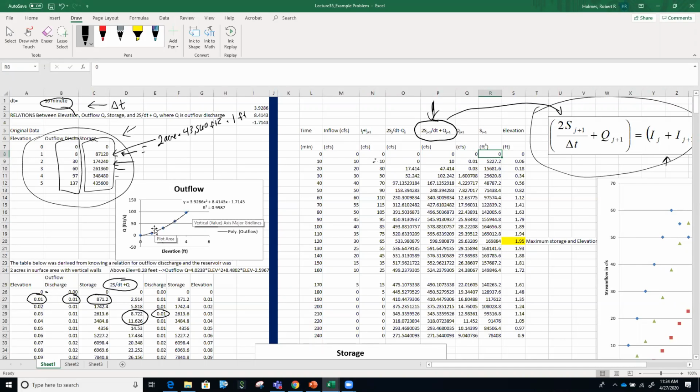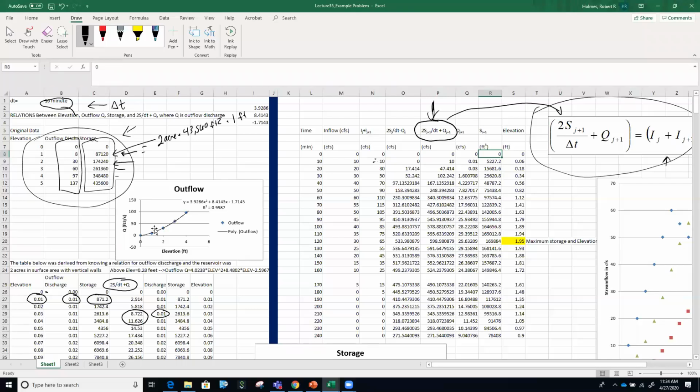So to give you some incentive to understand this, we're going to have a quiz on Friday, and I'm going to give you a problem very similar to this. You're going to have a level pool routing problem, and you can do it by hand. It's going to be a pain, but I would suggest that you figure out spreadsheets. Don't just copy my spreadsheet verbatim.